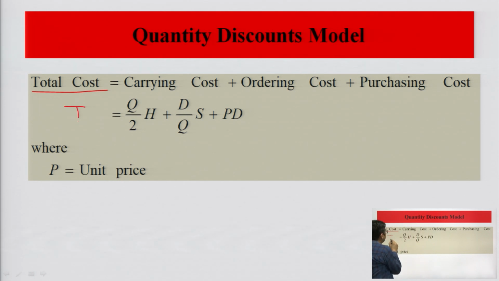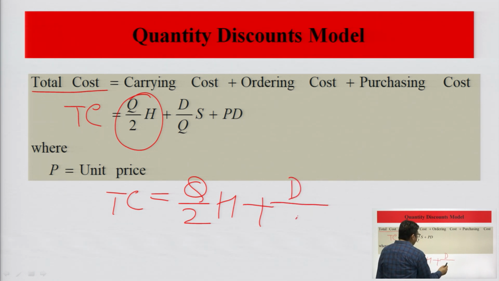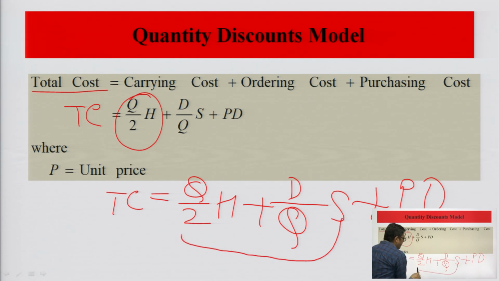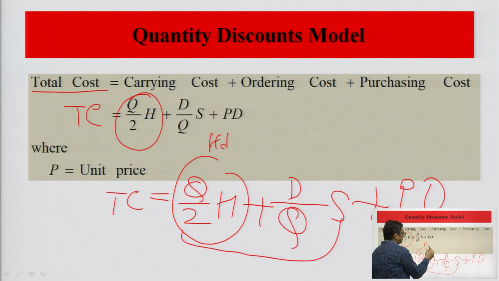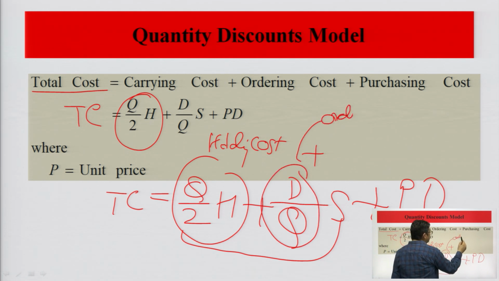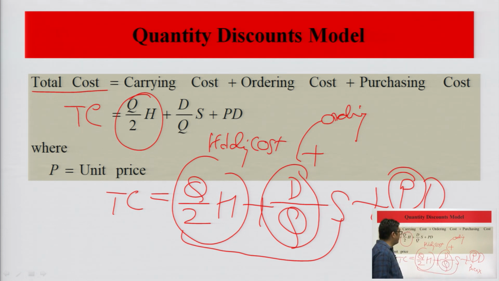Let us see how the total cost can be calculated. Although I have already discussed this portion, TC is equal to Q upon 2 times H, which is our holding cost, the period for which the goods are held by the company, plus D upon Q times S, which is our ordering cost, plus PD, the price per unit times demand, whatever the demand is.